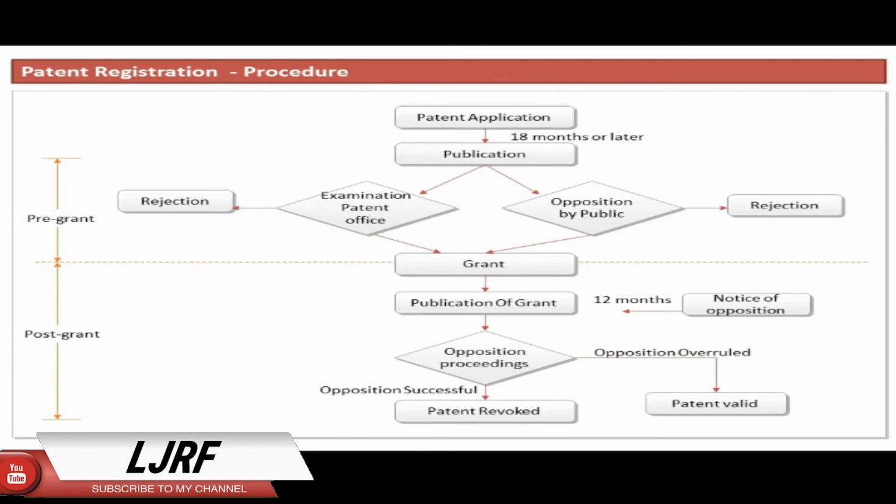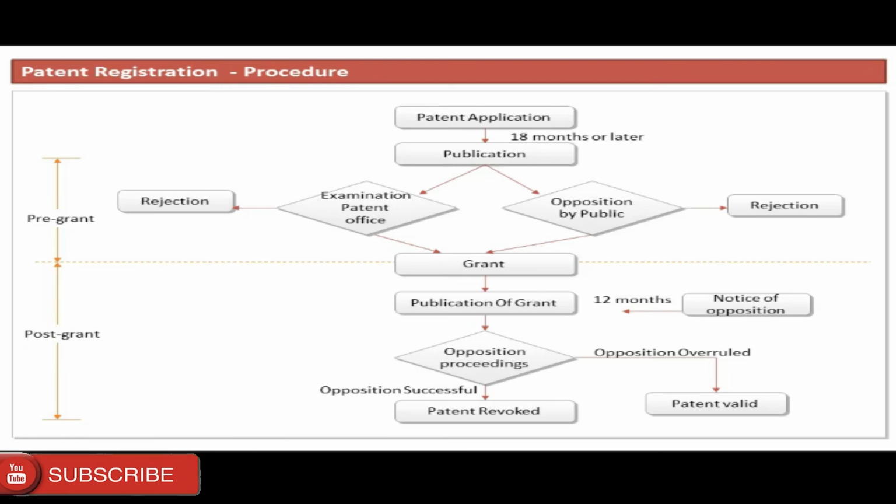This is done by the concerned section or concerned department, because if this is something like a mechanical device, it may not go to a chemical section. It may not go to a biological section. It will go to that particular mechanical section. And the people there, examiners, we would call them patent examiners in the patent office. Patent examiners would look into this.